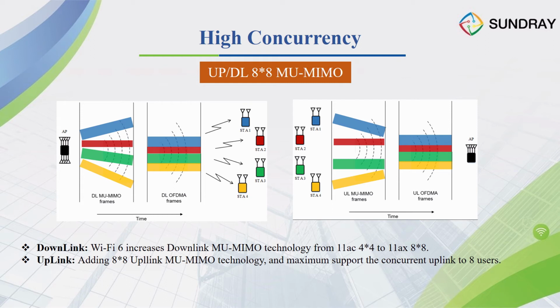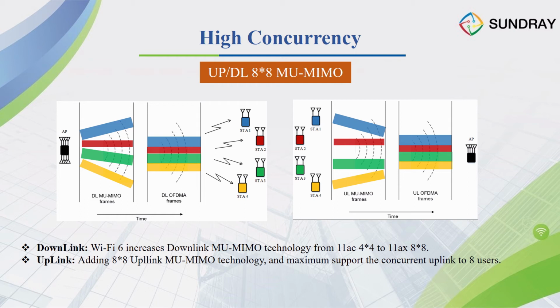So you can see that with this adjustment, before, our AP supported 4x4 MIMO, but only for the downlink. Uplink did not support it, so it could not achieve full utilization of the resource when there was some traffic.